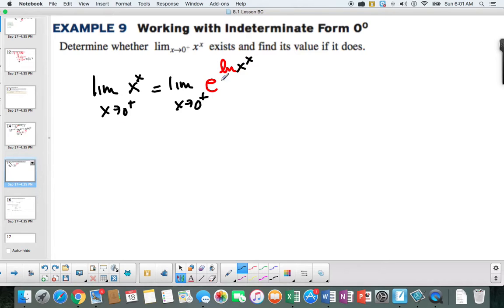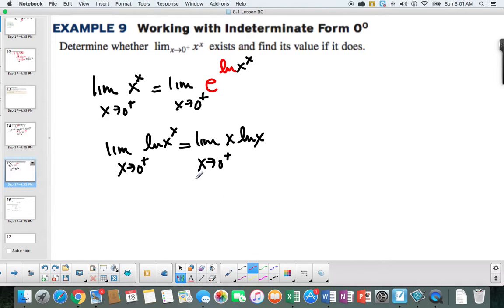So my strategy is to look at the limit of the exponent, the limit as x approaches 0 from the right-hand side of natural log of x to the x power. And I can rewrite it as the limit as x approaches 0 from the right-hand side, and again, I can bring the exponent down. And let's examine that. That's going to be 0 times infinity.